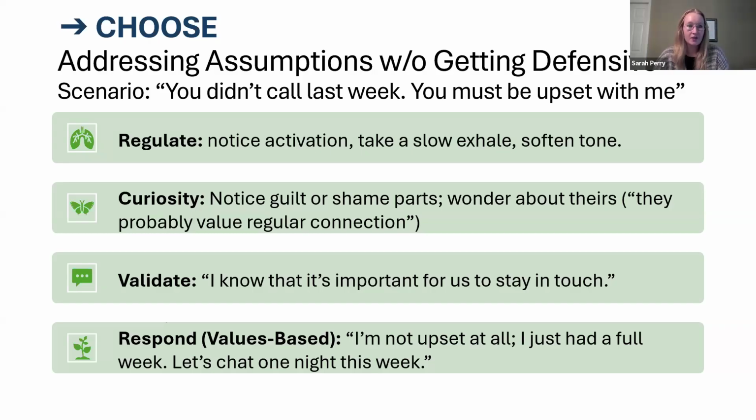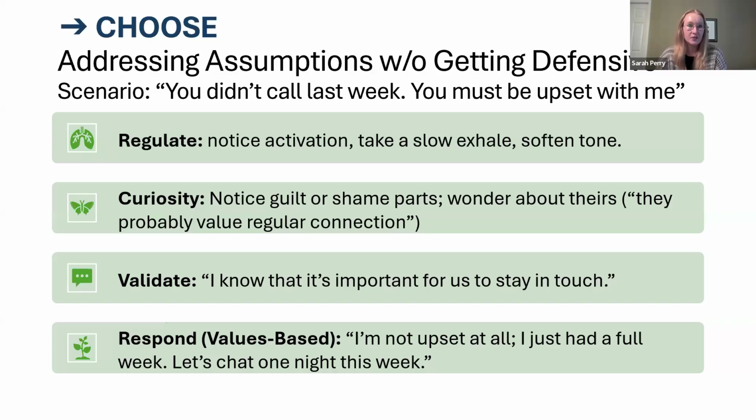So the same 4 steps here, just taking that moment to regulate yourself and notice the activation that you're experiencing. Notice the feelings that you have. There's guilt or shame or that defensiveness coming up. And again, the value that might be there for them, that they might value regular connection with you, and being able to validate that. I know that it's important for us to stay in touch.